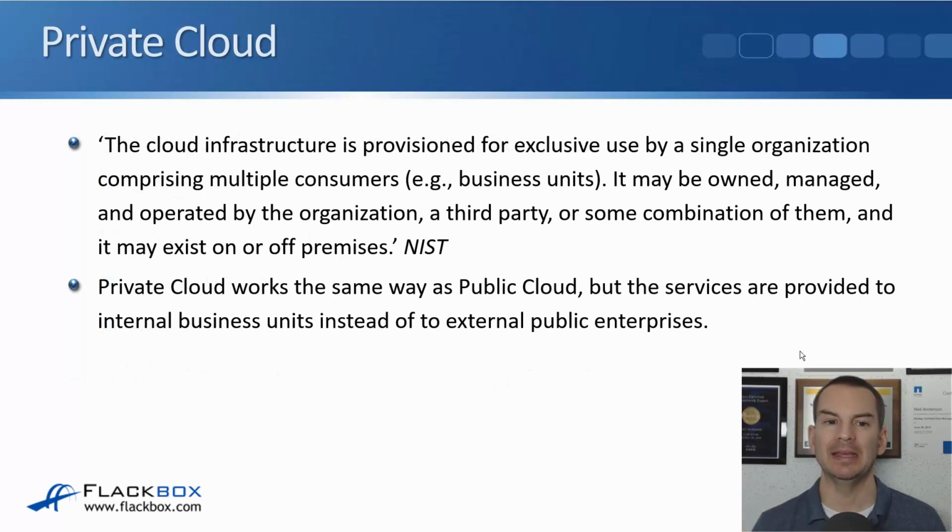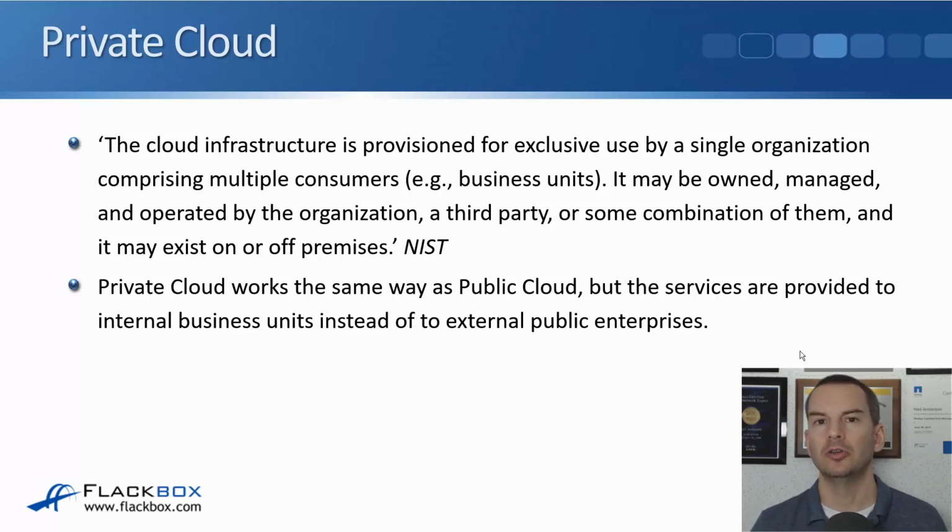The next type is private cloud. The definition of this is the cloud infrastructure is provisioned for exclusive use by a single organization, comprising multiple consumers, for example, business units like departments within that company. It may be owned, managed, and operated by the organization, a third party, or some combination of them, and it may exist on or off premises.